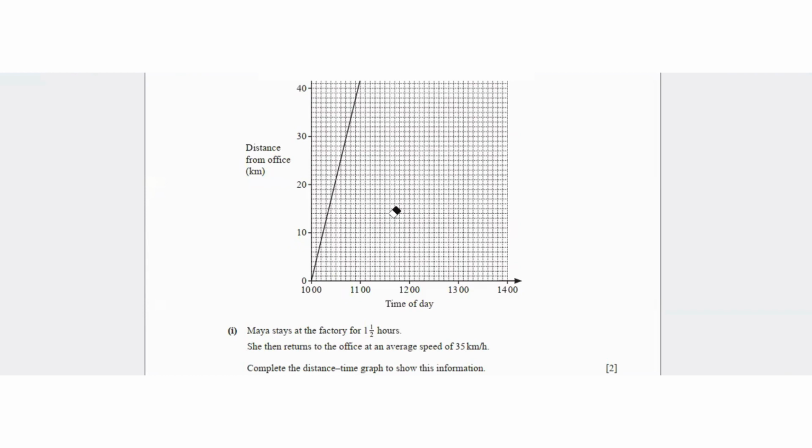So what we're going to do is that it's 1.5 hours, so we're going to first draw 1, 2, 3, 4, 5. At this point, I'm just going to draw several lines to make this as accurate as possible.